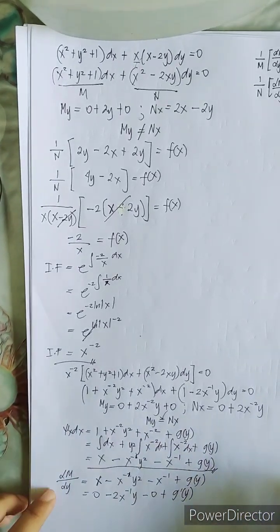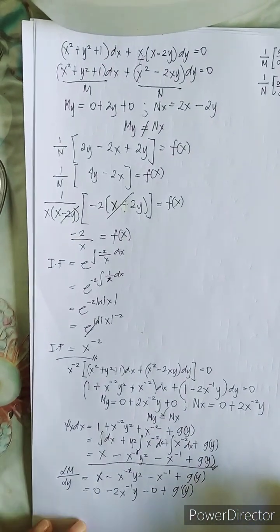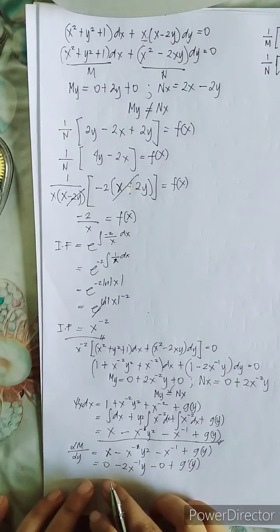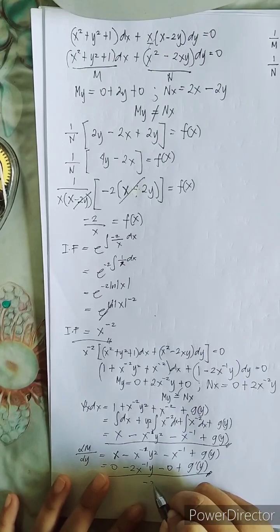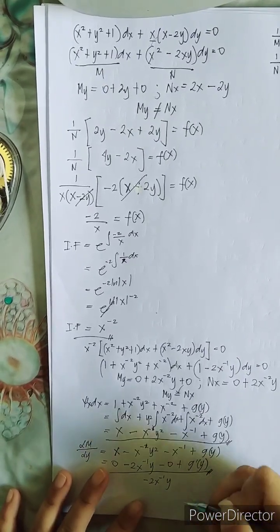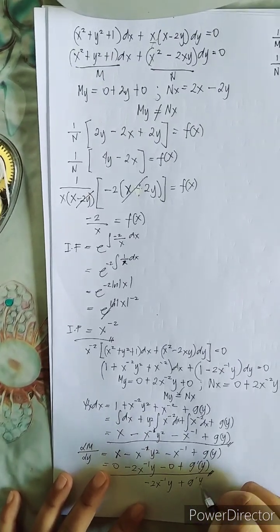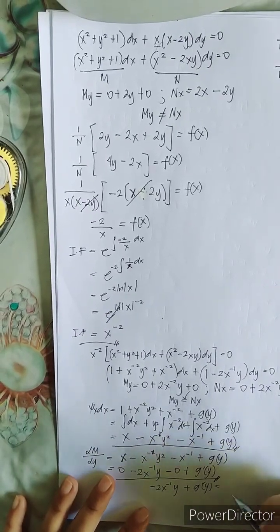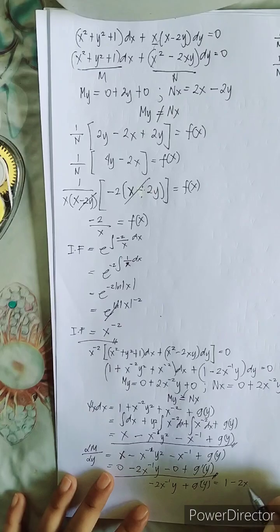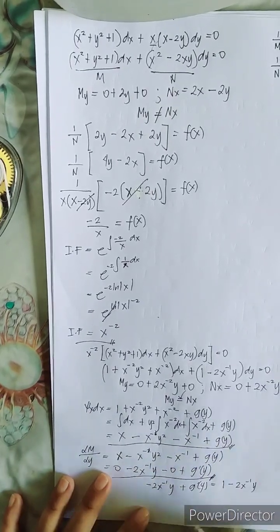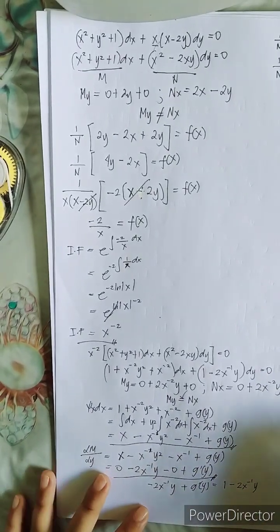To get the value of g of y, we have to equate this equation to our N term. Negative 2x to the negative 1 y plus g prime of y is equal to the N term, which is 1 minus 2x to the negative 1 y. Transpose negative 2xy to the right side.